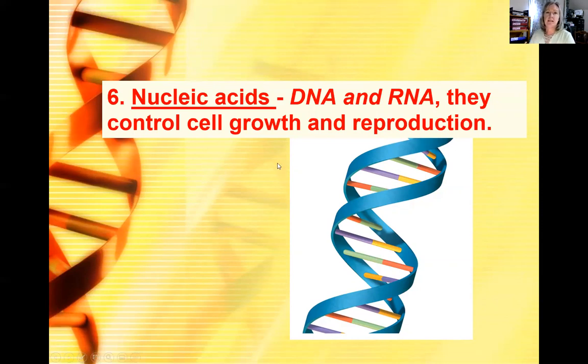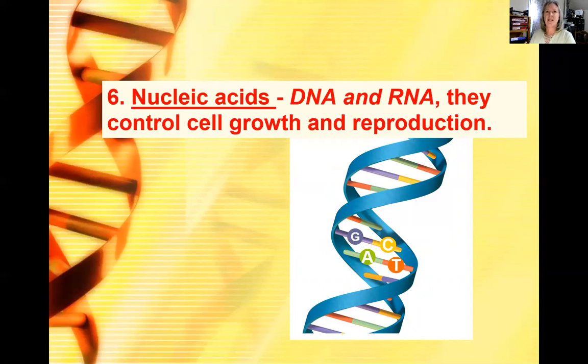So nucleic acids can be either DNA, deoxyribonucleic acid, or ribonucleic acid. So they control the cell growth and reproduction. Again, A's only bond with T's, and C's with G's, guanine and cytosine and adenine and thymine.